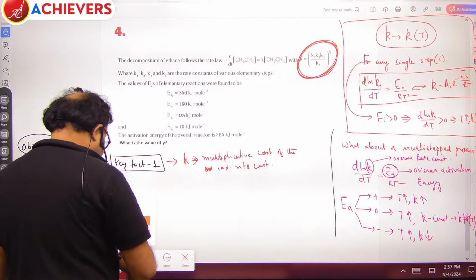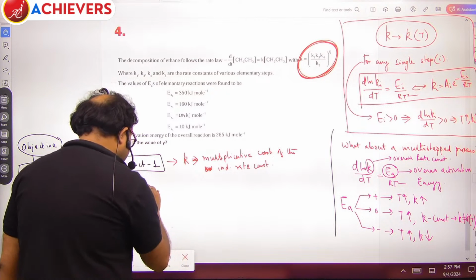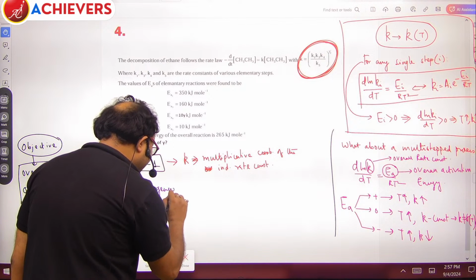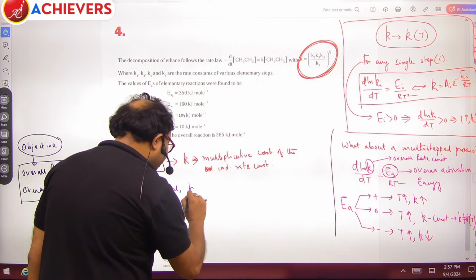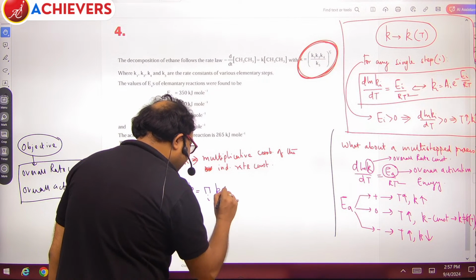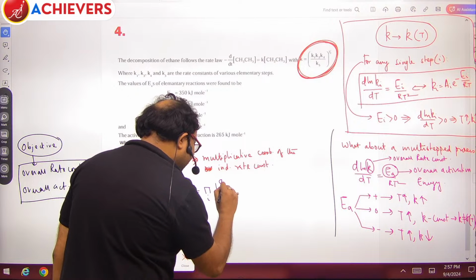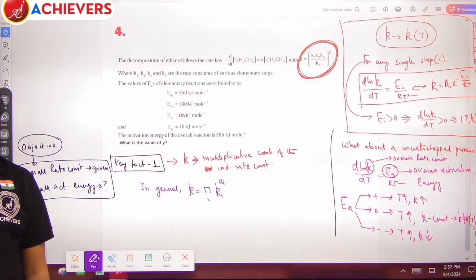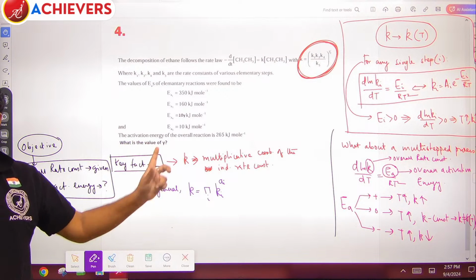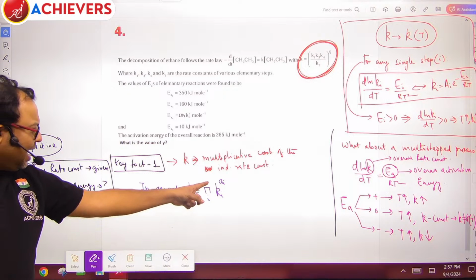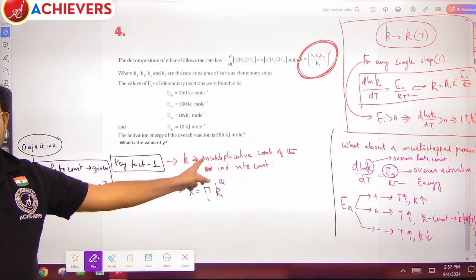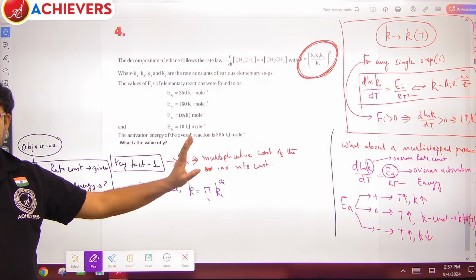So in general, let us do the general approach at first. In general, K is equal to pi i, Ki to the power, say, Ai. Pi is the symbol for a multiplication series, and Ai is the power to which Ki is raised.